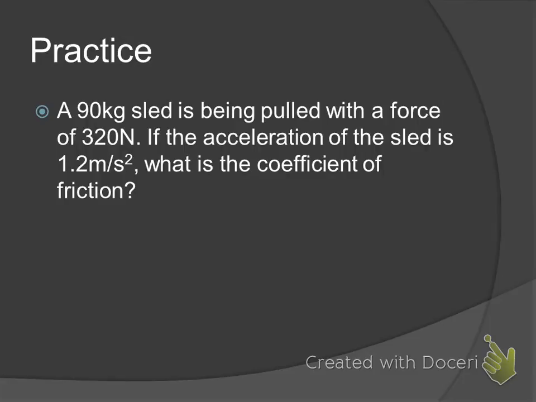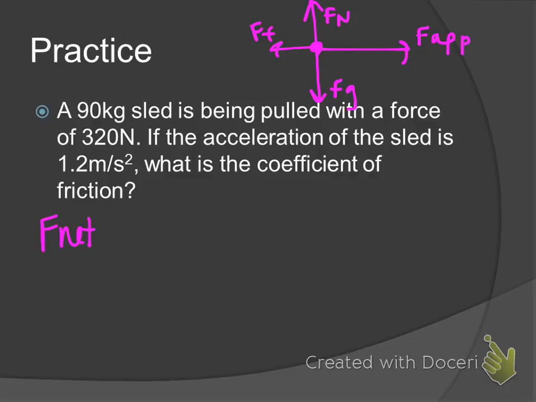It doesn't tell us an angle here on our applied force, which means we assume it's purely horizontal. So it's no angle this time. We don't have to break anything down. Do you think we should be looking at the horizontal forces here or the vertical?